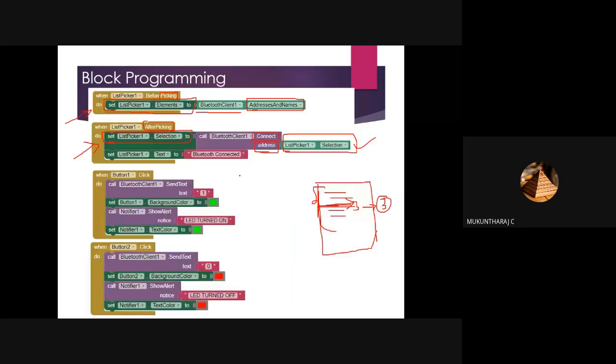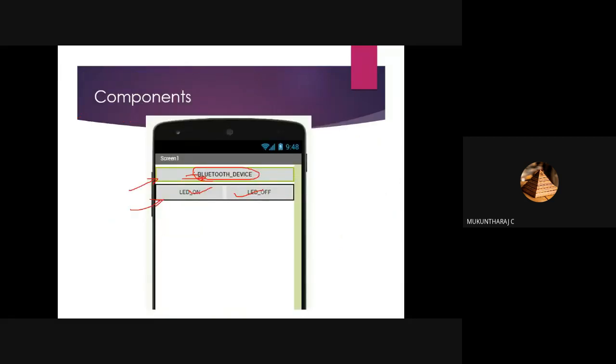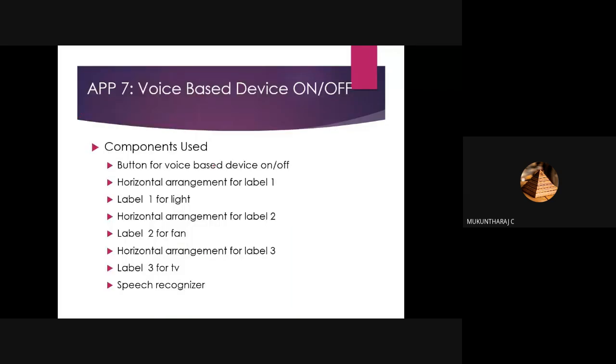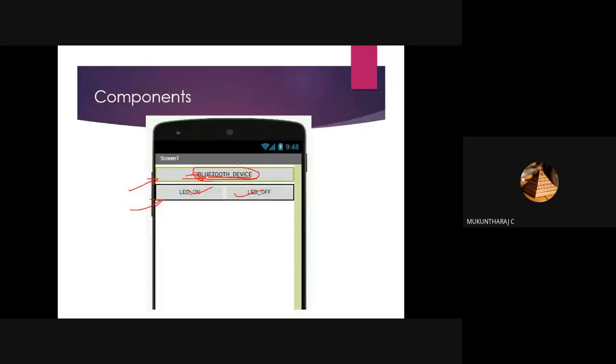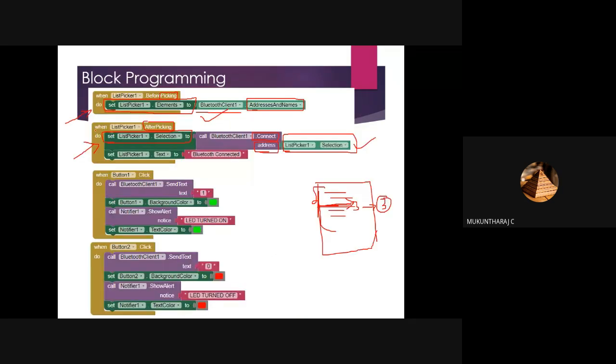Once the list picker has listed the items, and the item is selected by the user and connected by the Bluetooth client, then the content of this Bluetooth device area will be changed to Bluetooth connected. Here you can see the message Bluetooth connected. That is what these two rules are going to give you.